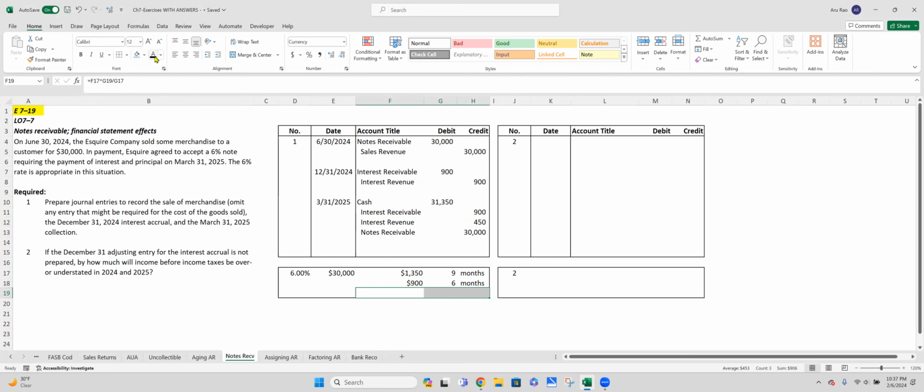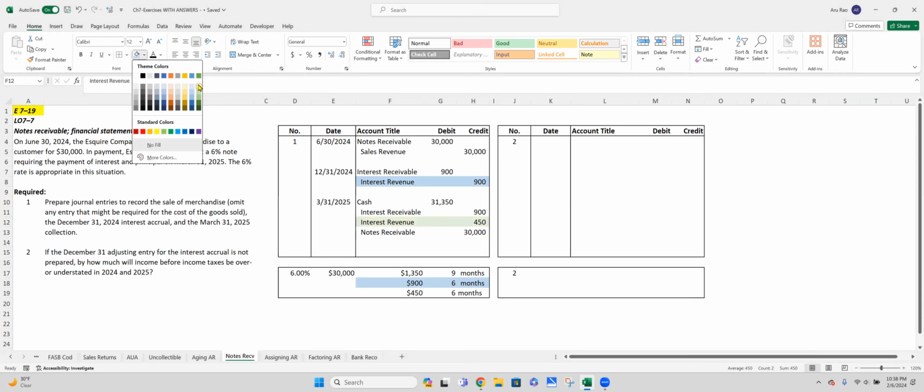So again, when you're looking at those calculations, this should be this number times 3/9. It'll be 450, and that's what we're recognizing here. So we recognize interest revenue for 6 months on December 31st, and then we recognize the remaining 3 months of interest revenue.